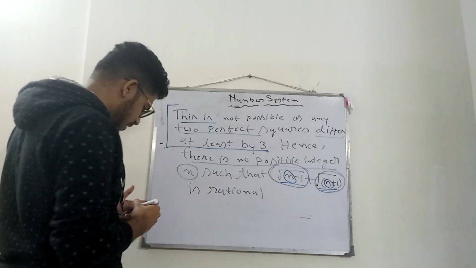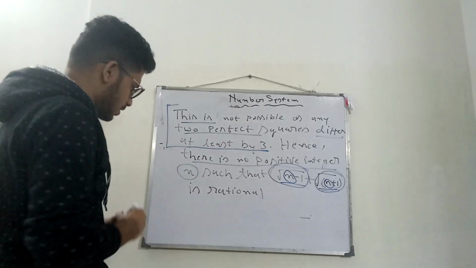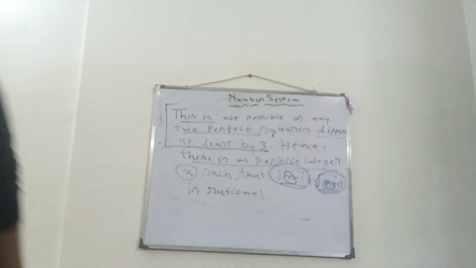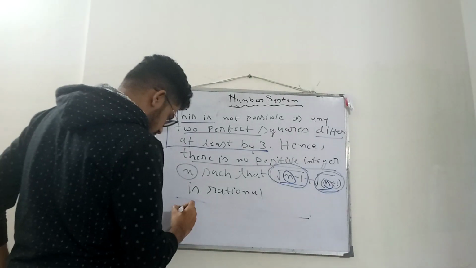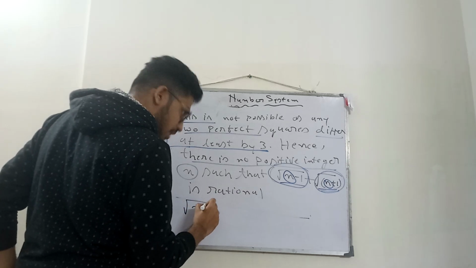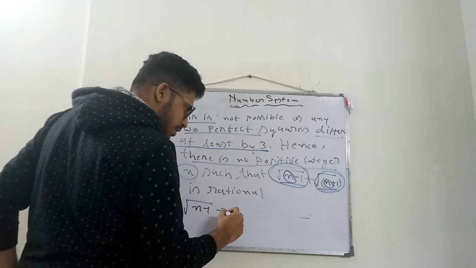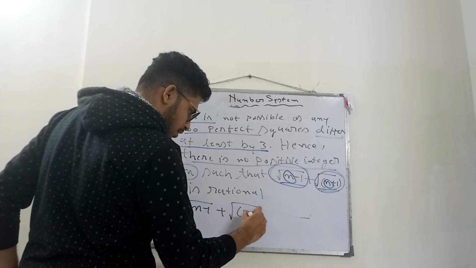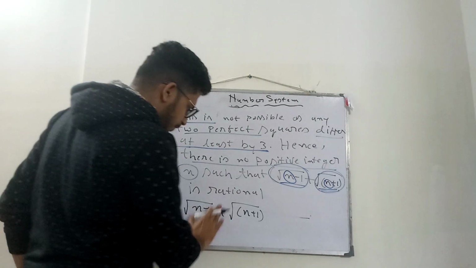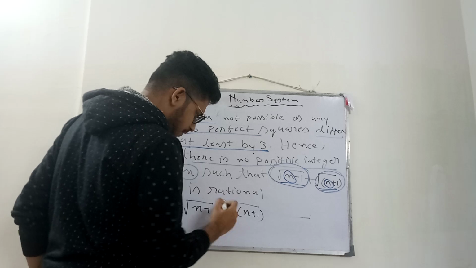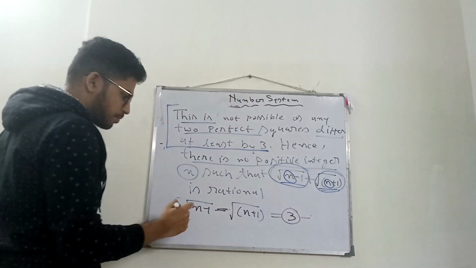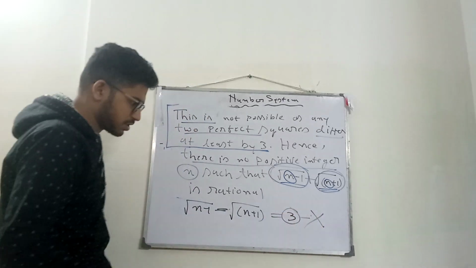Means their difference, they're trying to say the difference, that is root n minus 1 plus root n plus 1, their difference is equal to 3. So this is not possible. They are saying this is not possible.